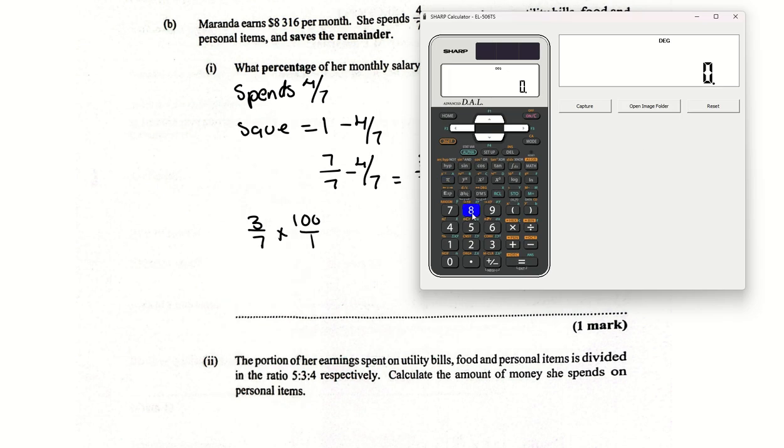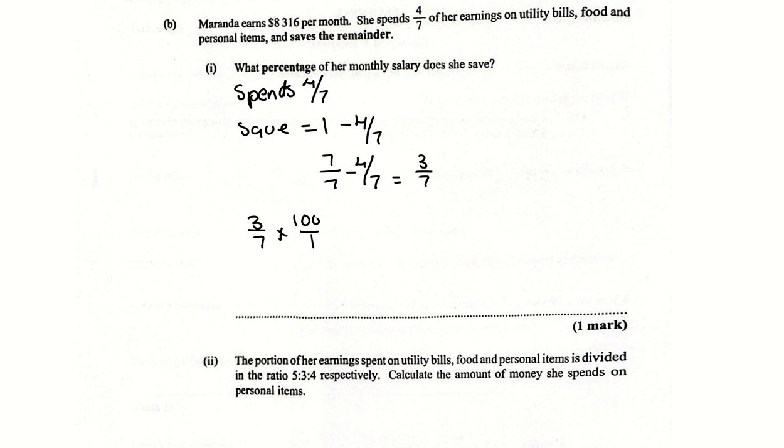It should be 300/7, and then you convert it. 3/7 multiplied by 100 would be 42 6/7. So how much did she save? 42 6/7%.